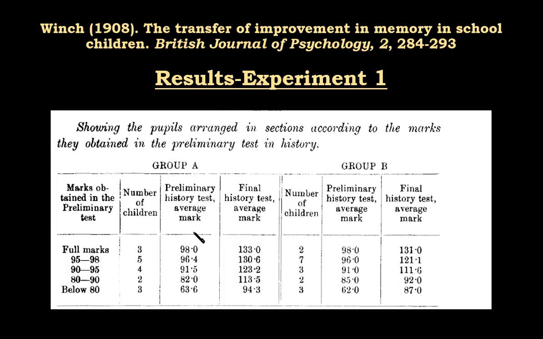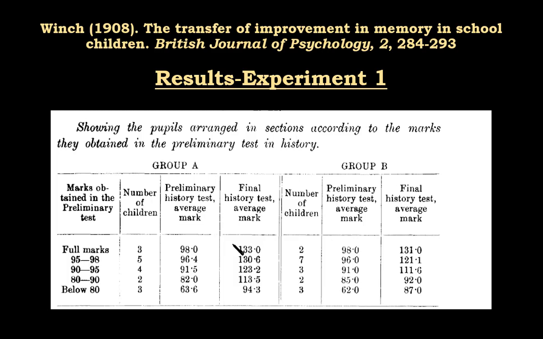And then what he did is see the average of these 3 participants here and the average of these 5 participants here in the preliminary test. So you've got the 98 average, 96.4 average, 91.5, 82, 63.6.